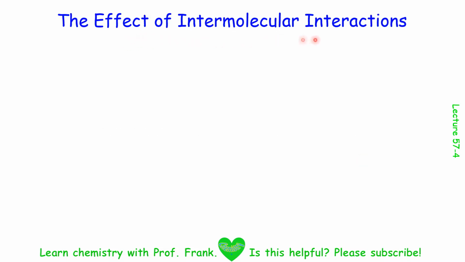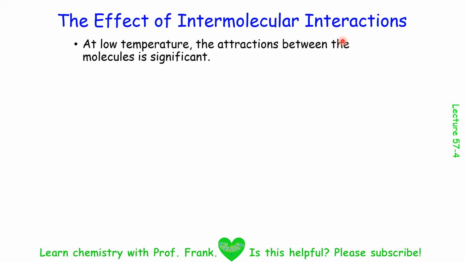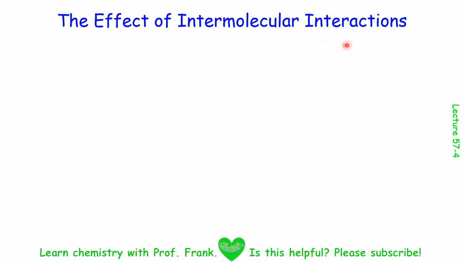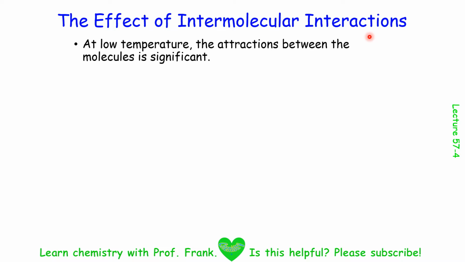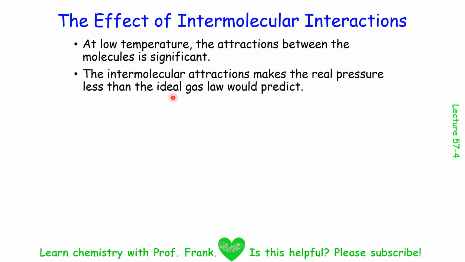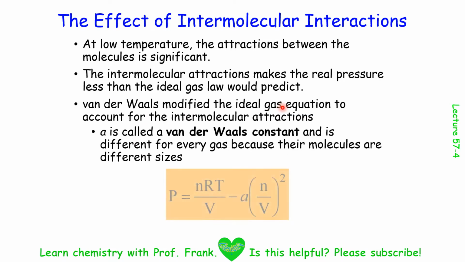Now the effect of intermolecular interactions, or the attractions among the gas particles. At low temperature, the attractions between gas particles are very high, so they cannot be ignored. The intermolecular attractions make the real pressure less than the ideal gas law would predict.